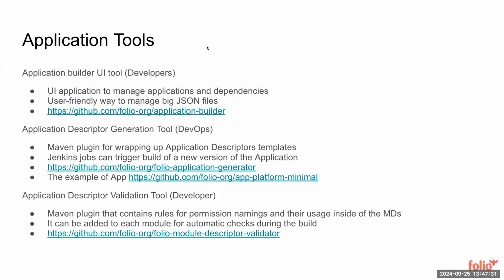Who will be responsible for generating this app descriptor with new versions of modules? Not good manual work. So we created a Maven plugin that allows us to specify a template, for example, with latest version of mod-users, latest of mod-users-bl, and by performing this Maven job like mvn clean install, the outcome of this job will be a well-prepared application that can be used for your provisioning.